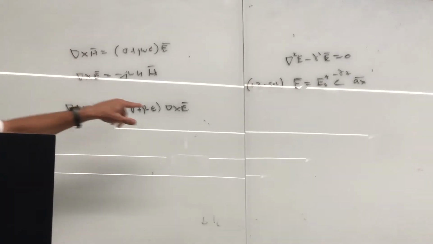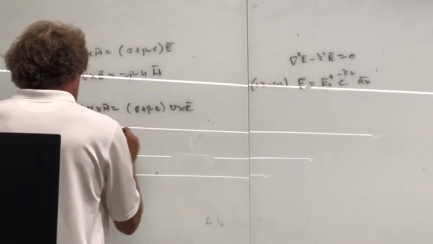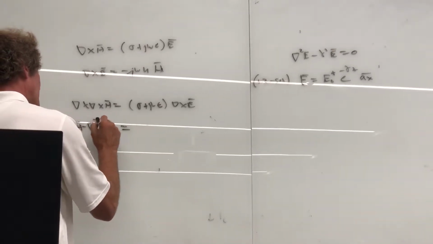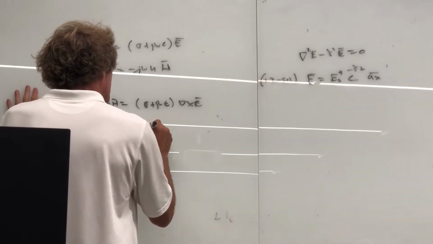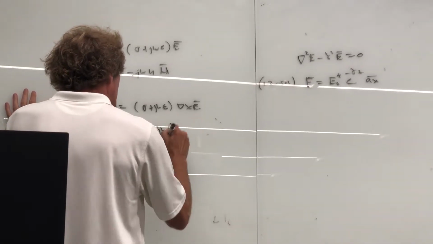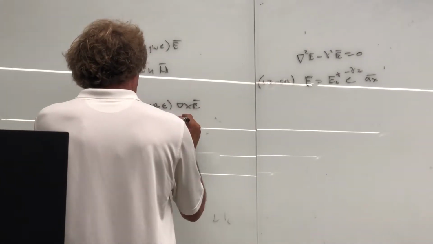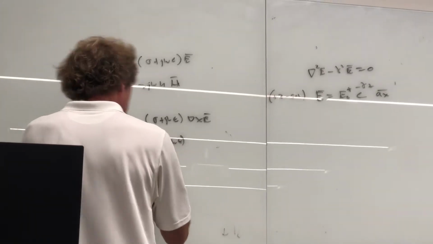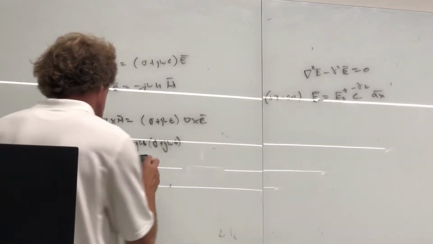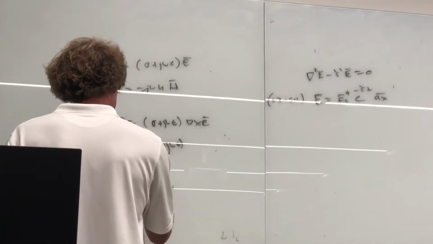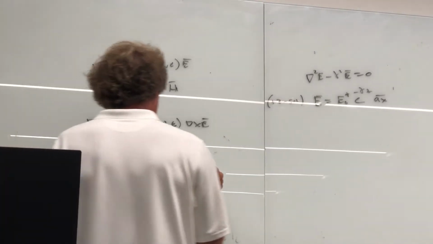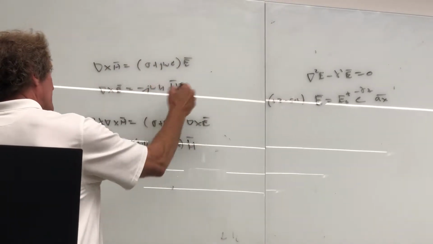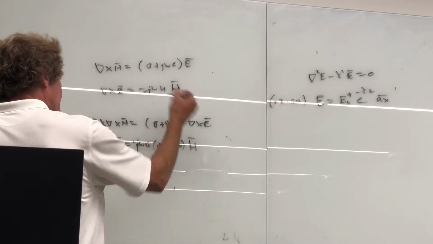Then I replace curl of E with this, and I'll break this up as the gradient of the divergence of H minus del squared of H is equal to sigma plus j omega epsilon, and then minus j omega mu, and then H, right? Because when I substitute curl of H with this, I get this.